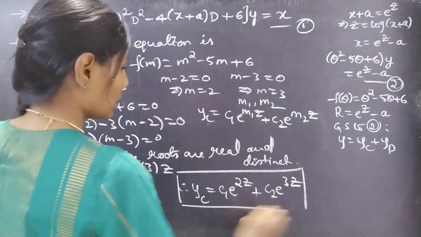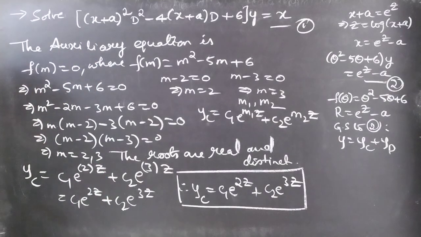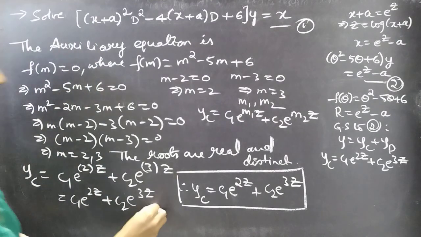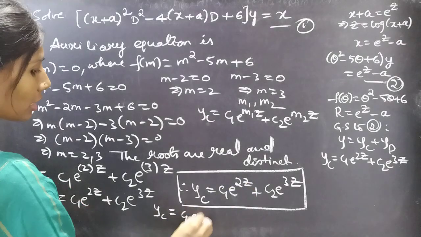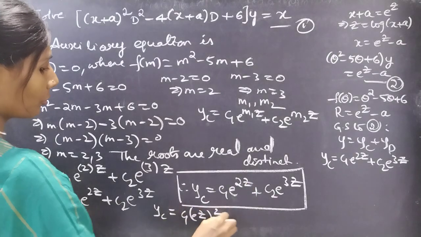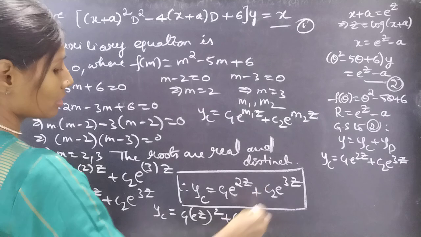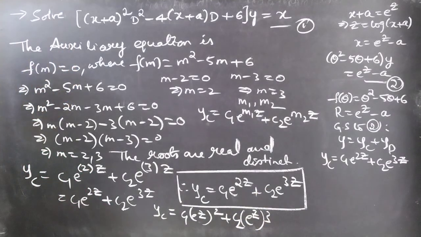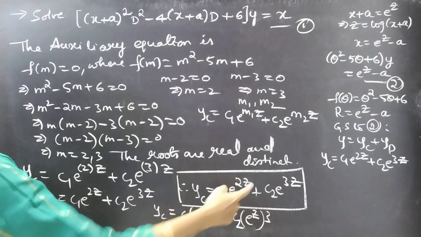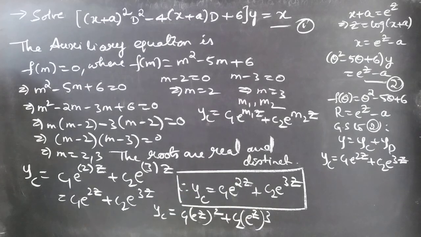Now we got yc, let's now find yp. We can also write yc as c1 into e power z whole square plus c2 into e power z whole cube. In order to replace e power z by x plus a, we can just write e power 2z as e power z whole square. Okay, we'll use this later.